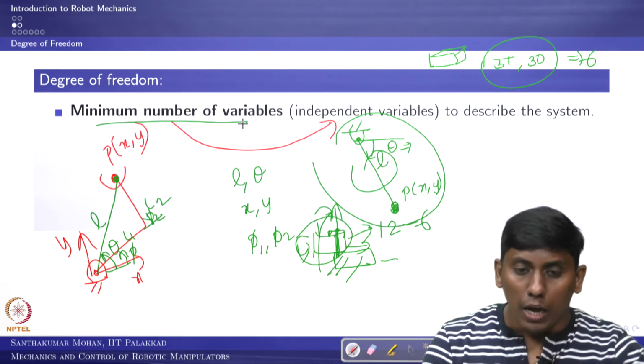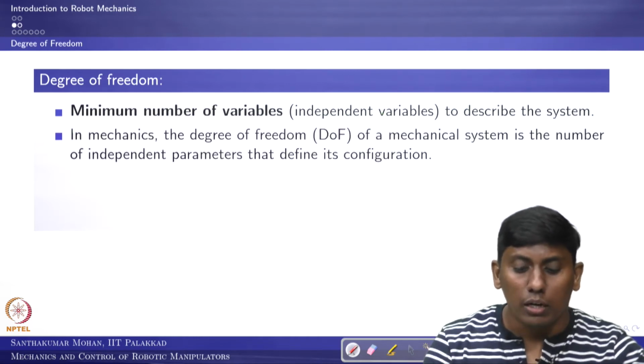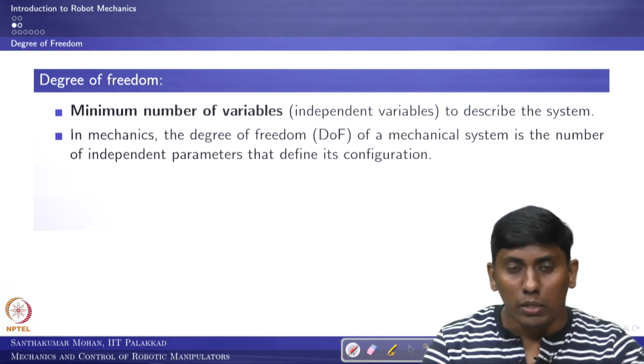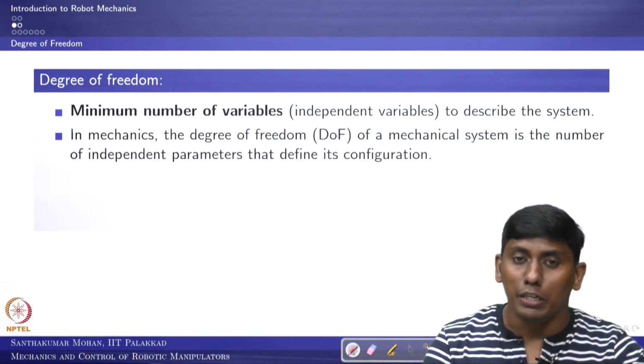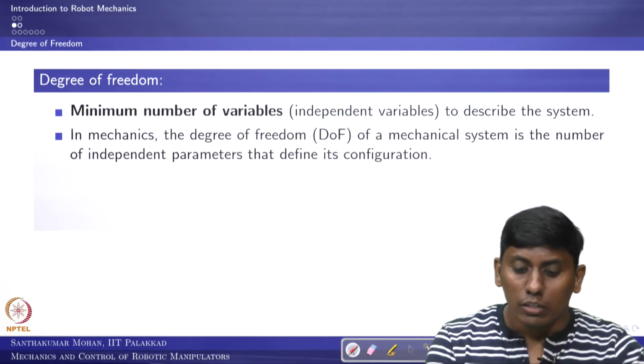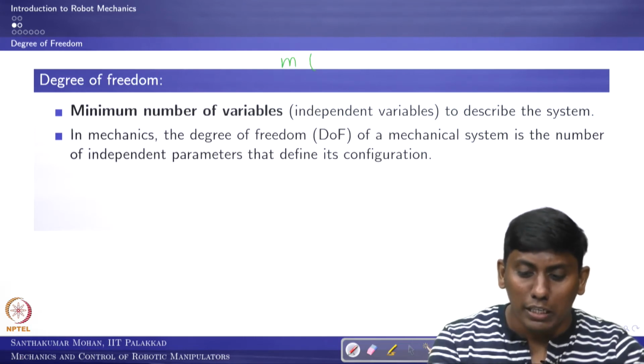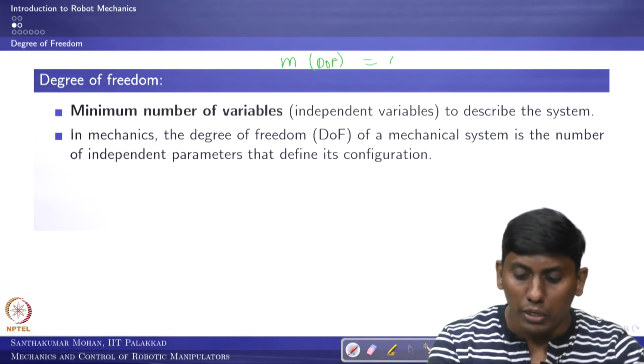Now I hope you would have already studied Grubler's criterion and the Chebyshev equations and all. I am not actually talking about that, but you can recall the degree of mobility or degree of freedom in general can be written based on the number of bodies.